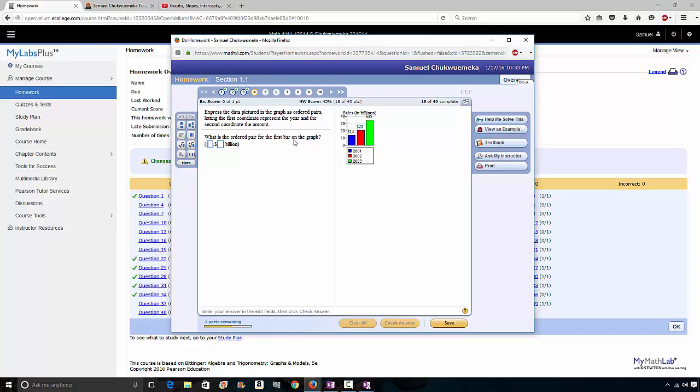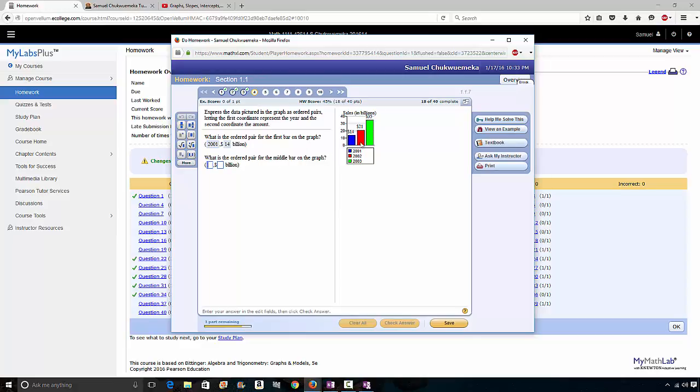So for the first bar, what is the ordered pair? The first bar is the blue, and the year is 2001. Then the money is $14 billion. So you just put 14, and that is it.